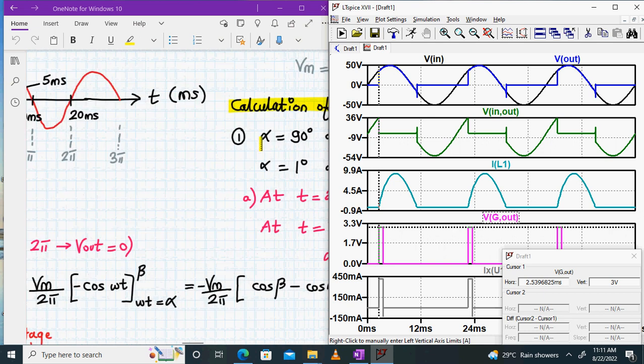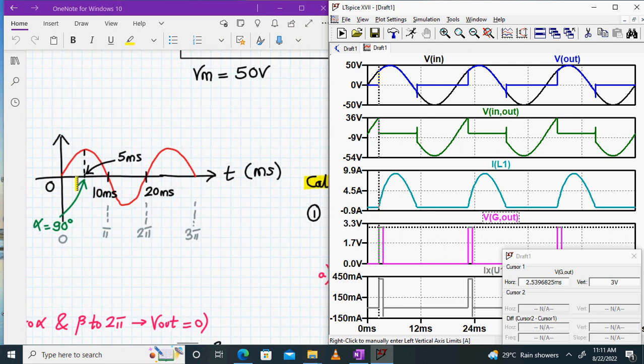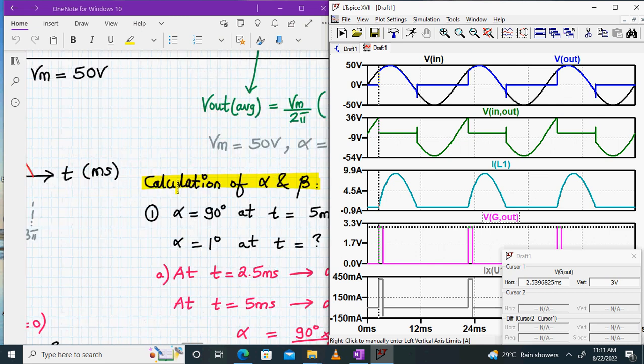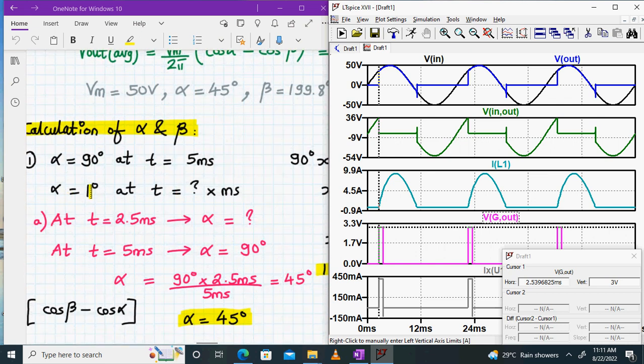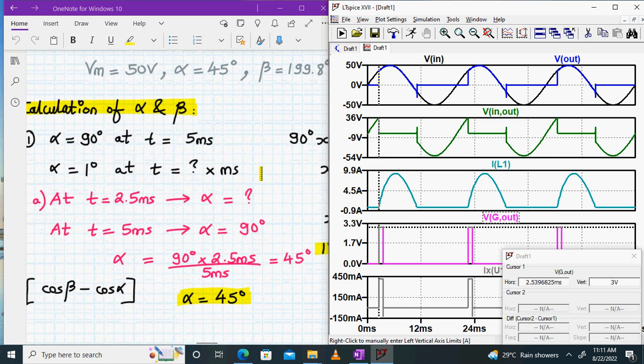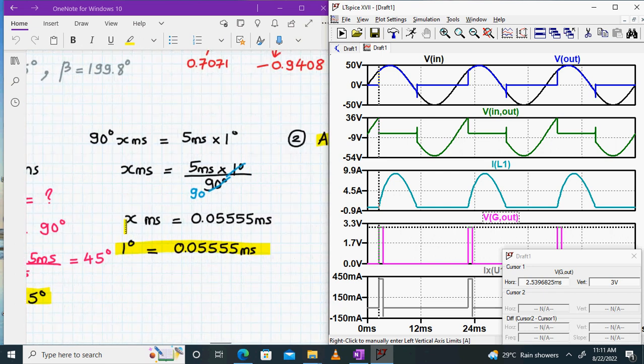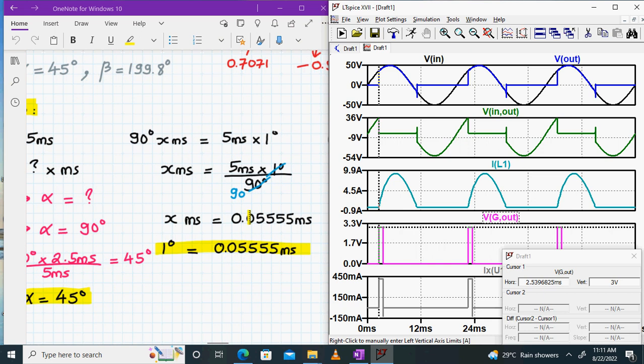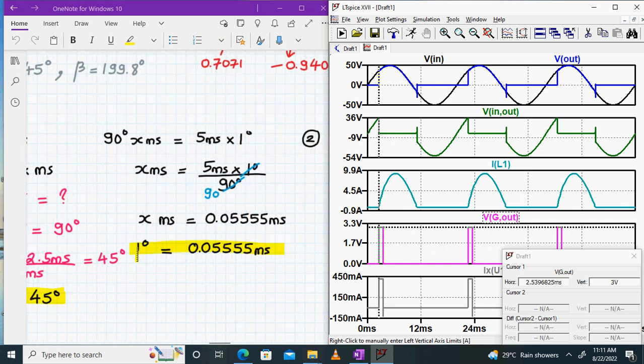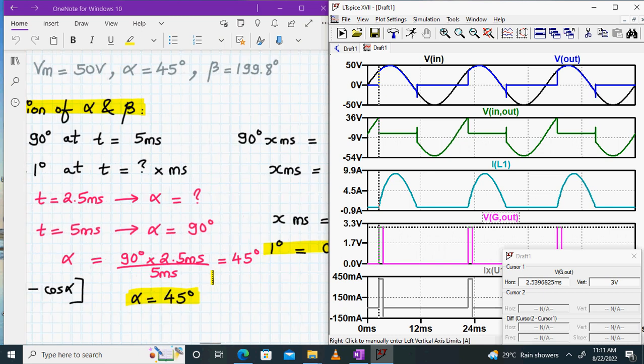We have seen that before. At alpha equal to 1 degree, how many milliseconds will it be? So we can cross multiply and check. For 1 degree, we will have 0.055 milliseconds time delay, right?